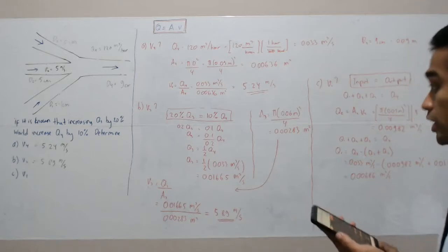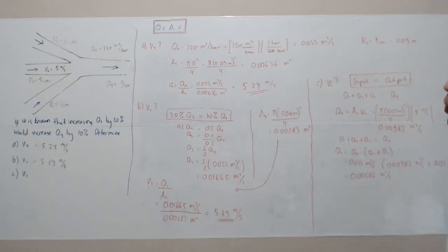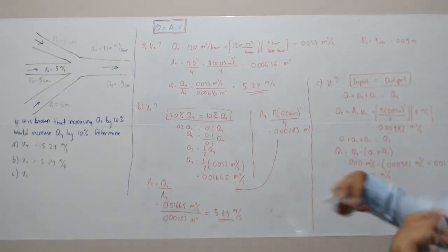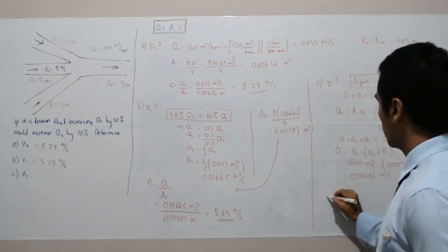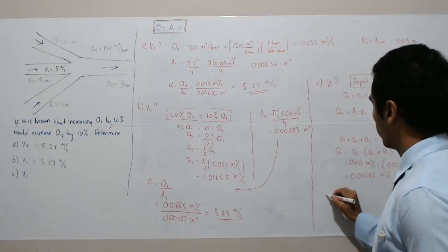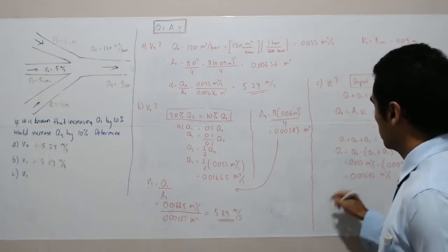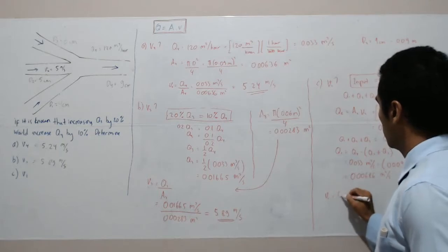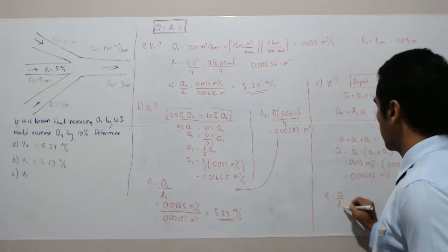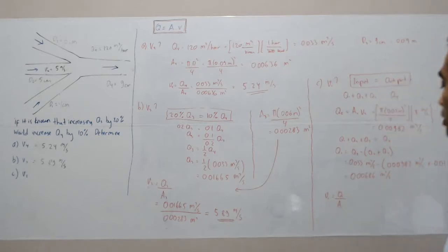Now we already know the volumetric flow rate for the first pipe, so we can solve for the velocity. The velocity of the first pipe is equal to the volumetric flow rate divided by the area of the first pipe.